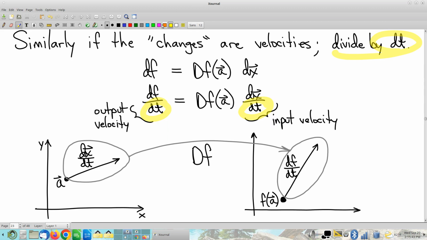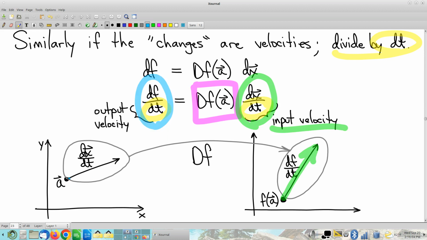And now look what my equation turns into. It has turned into a different point of view on the derivative. Now the derivative, it would seem, is something that I can multiply by input velocities, dx dt is a velocity, and it turns it into an output velocity.